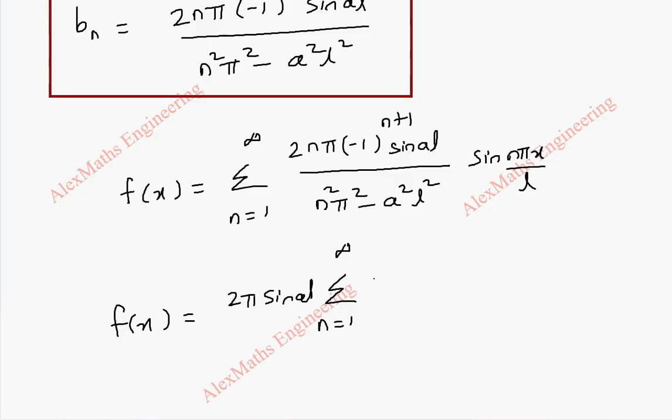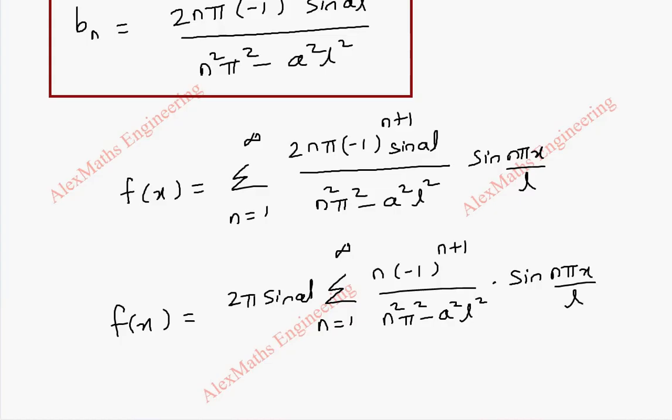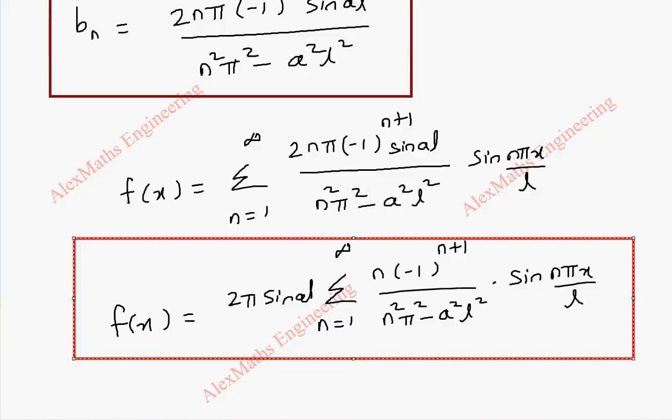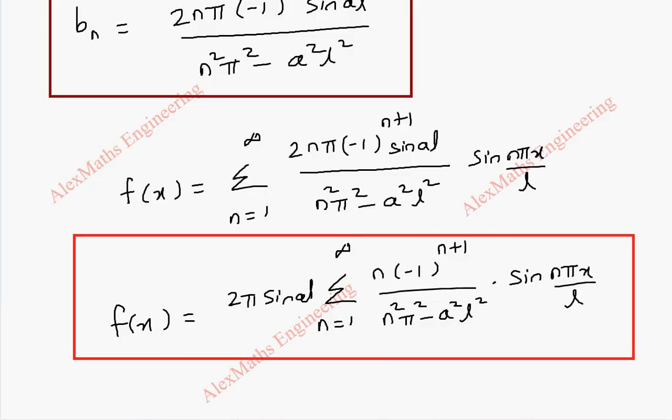After taking 2 pi, we have n, then minus 1 whole power n plus 1 by n square pi square minus A square L square into sine n pi x by L. This is the required Fourier series expansion, that is the half range sine series expansion for the given function f of x.